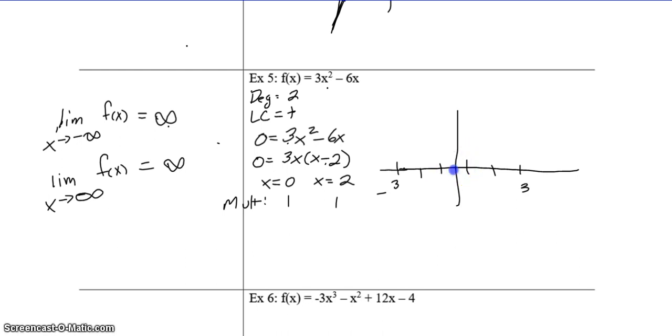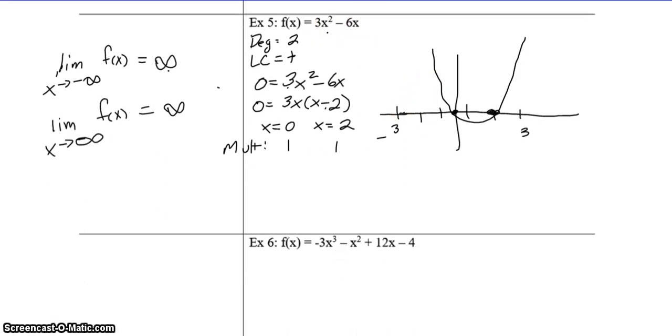So zeros there and there. So end behaviors are both positive infinity, so we're coming from the left side from positive infinity, go through and up towards positive infinity. Now we know that because this sure looks like a parabola to us. So we know what that looks like.